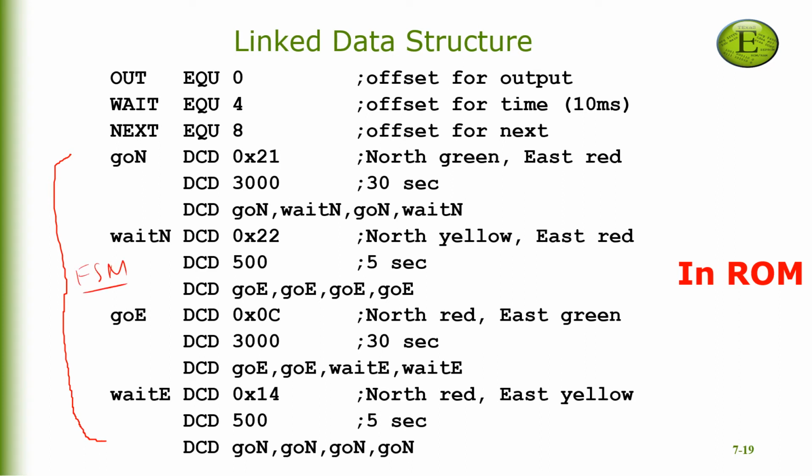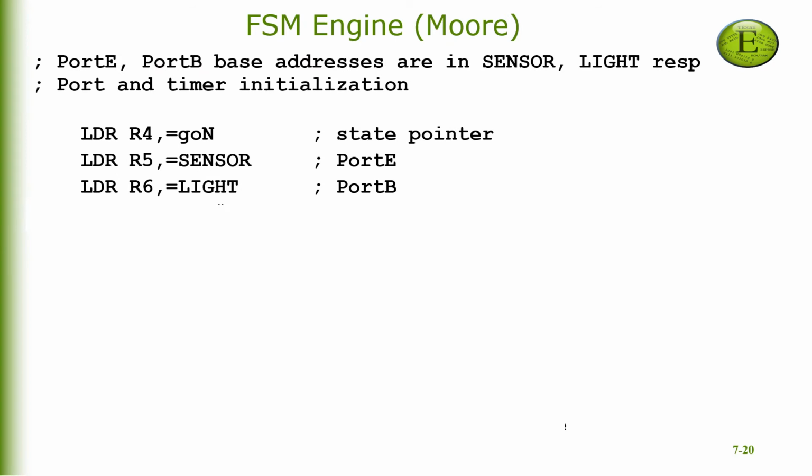In writing an assembly language program, some constants will be used in addition to the data of the finite state machine. These are constants 0, 4, 8. We could have done without them as well, but it just makes your assembly language program easier to write and comprehend and looks pretty tidy. Once the state machine has been encoded in the microprocessor ROM, we can then proceed to write the assembly language program.